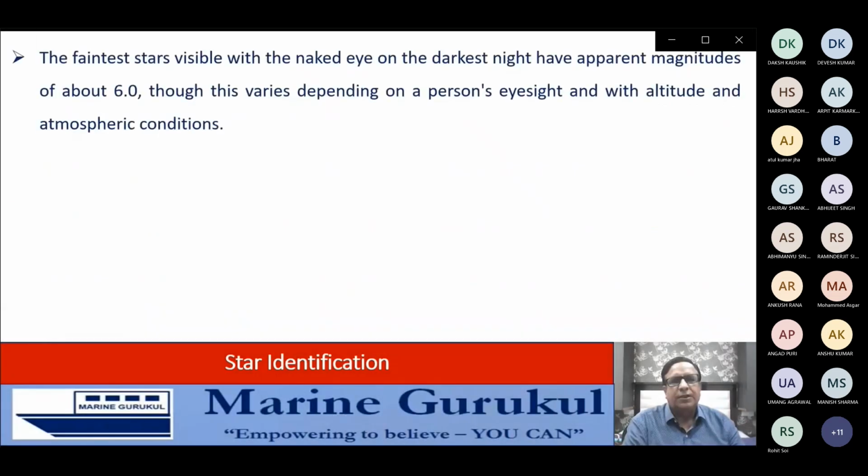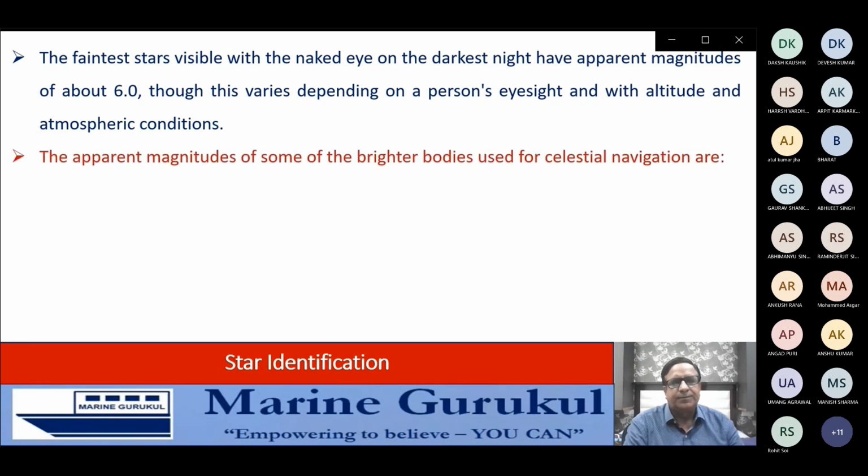The faintest stars visible to the naked eye on a darkest night have an apparent magnitude of about 6 to 6.5, though this varies depending on the person's eyesight, star's altitude, and the atmospheric conditions.